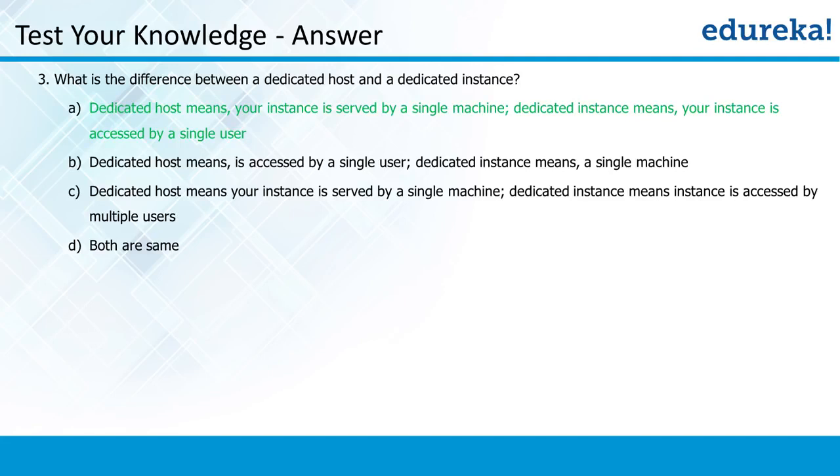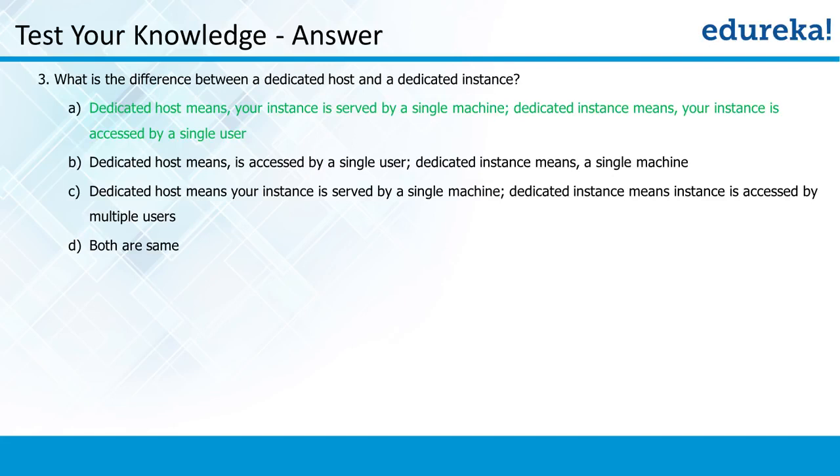The actual answer is A, and essentially what happens is, in a dedicated host, the whole physical machine is yours. And in a dedicated instance, also, your EC2 instances are running on dedicated hardware. However, with a dedicated host, you get to choose which particular host will be used by your instances.